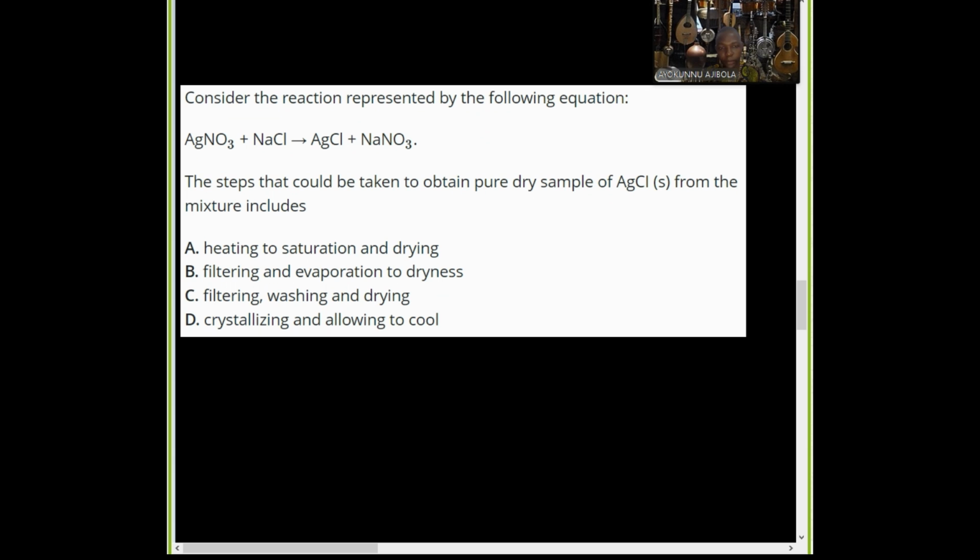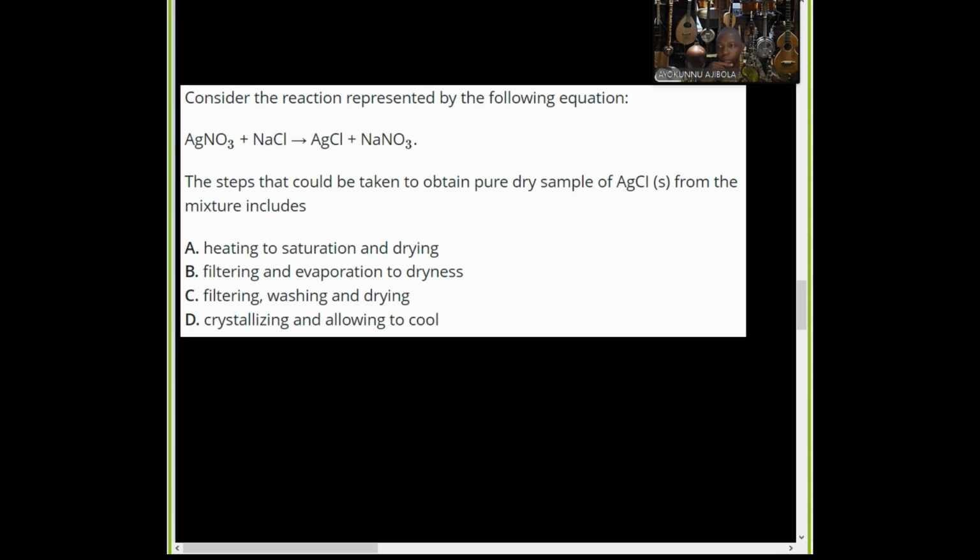Consider the reaction presented by the following equation: AgNO3 plus NaCl gives AgCl plus NaNO3.